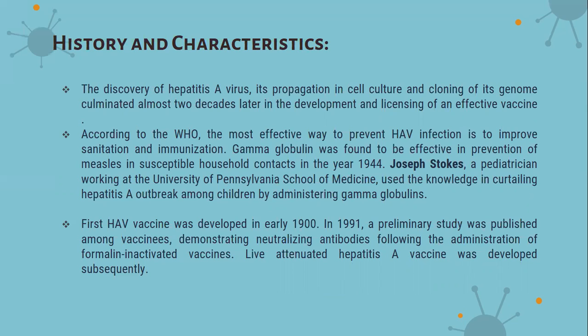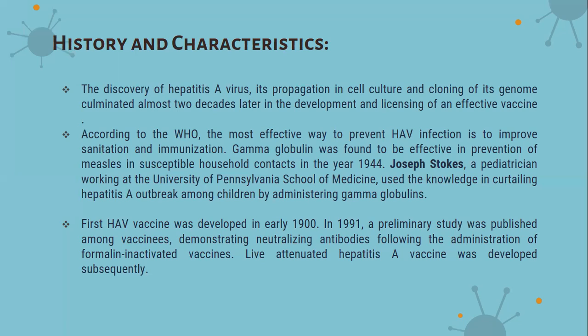So in this discovery, the first na ginawa nila is the propagation in the cell culture and then cloning and then after 2 decades naman, may another na development and licensing for the effective vaccine.